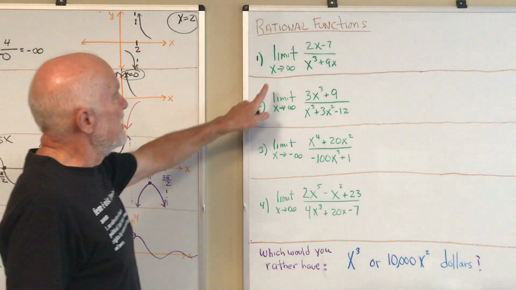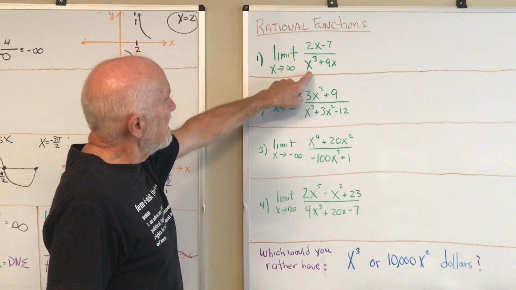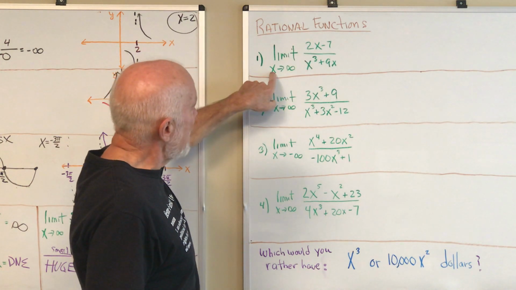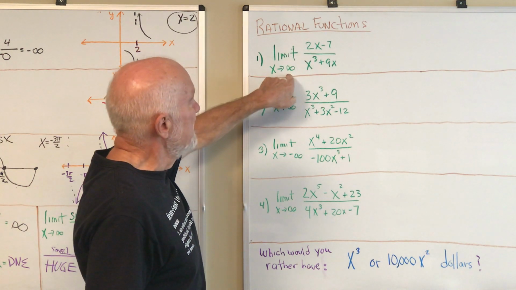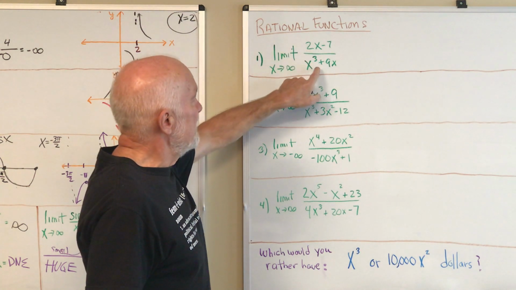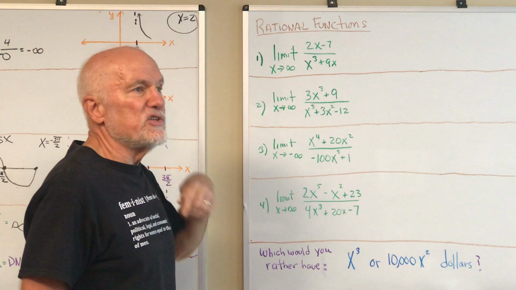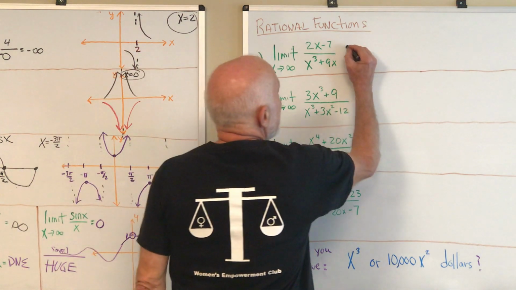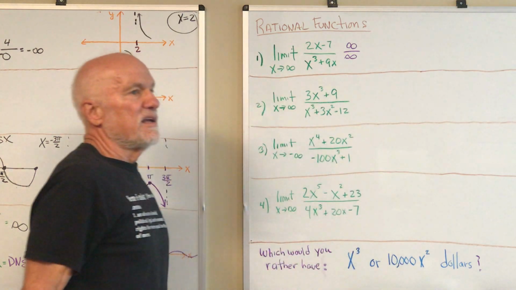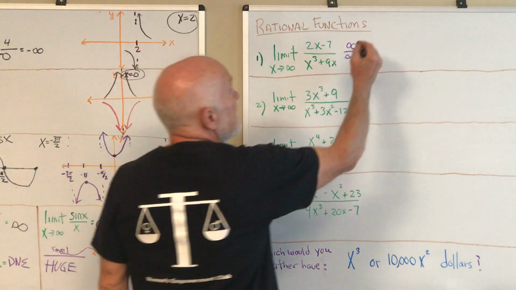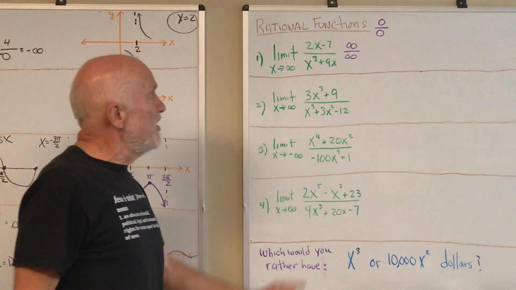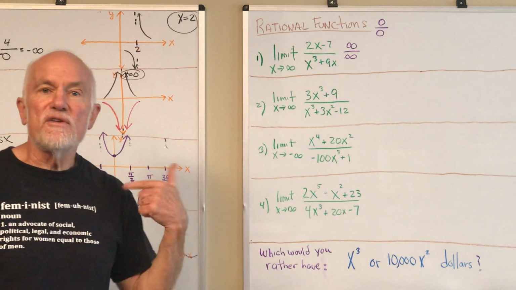So, first of all, can I look at this complicated function and say what's happening as x approaches infinity? Well, the numerator is going to get really large, and the denominator is going to get really large. So you're going to get basically infinity over infinity. Just like when the numerator and the denominator are both approaching 0, this is called an indeterminate form.